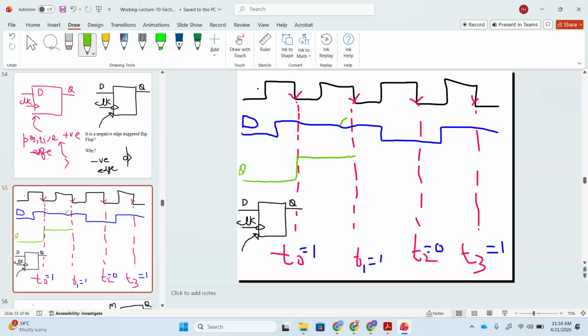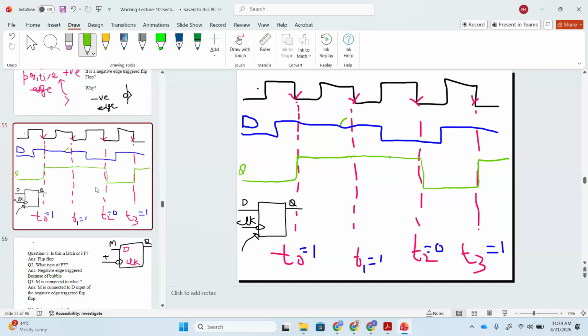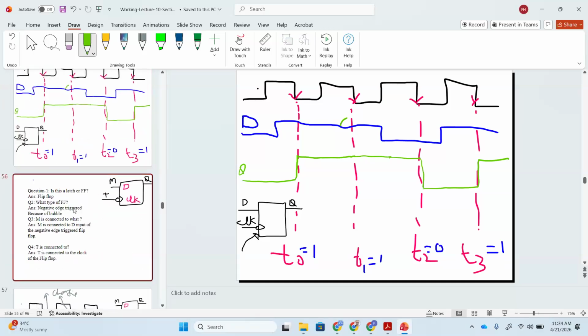It is still 1. Now D is changing, but it will not appear on the output. Now we go to the next falling edge. What will be the value of D? It is 0, and then Q will become 0. Any question? Is this clear or not clear? Clear, yes.